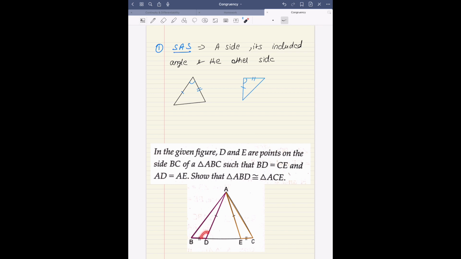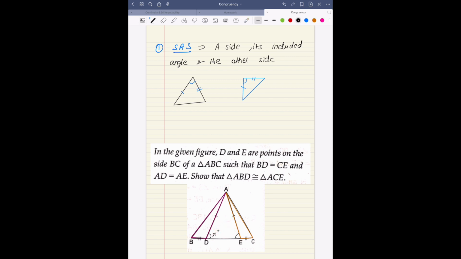Now we'll focus on how to prove these two angles equal. Assuming this angle is x degrees, these are the two equal sides. So in short, triangle ADE is an isosceles triangle, and if two sides are equal, then their opposite angles are also equal.